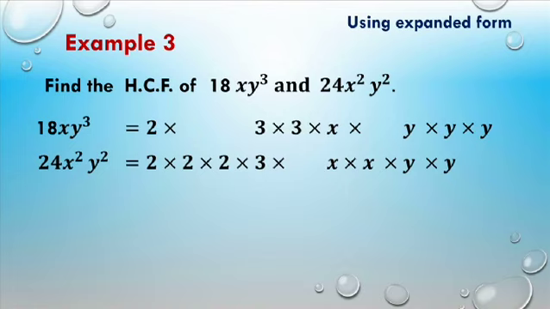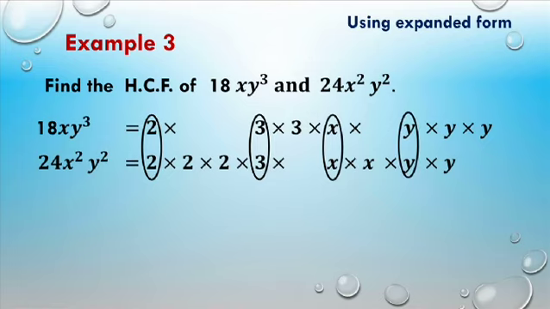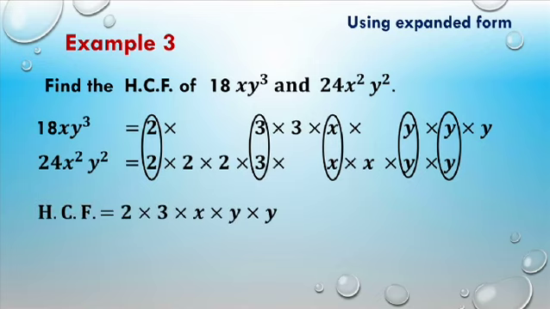So let us look at the common factors. 2 is common, 3 is common, x, and then we have y and y. So the HCF is going to be 2 times 3 times x times y times y, which gives us 6xy squared.